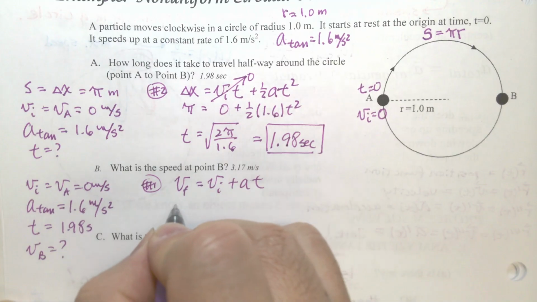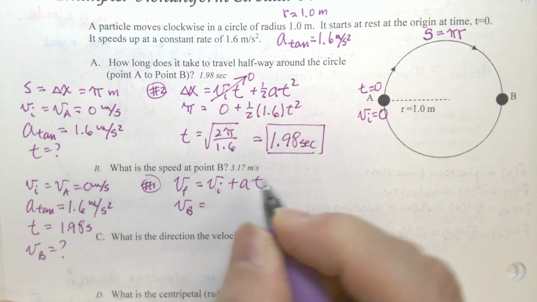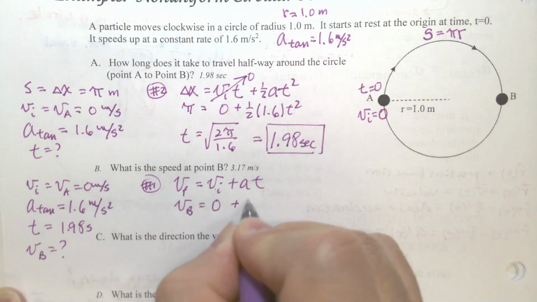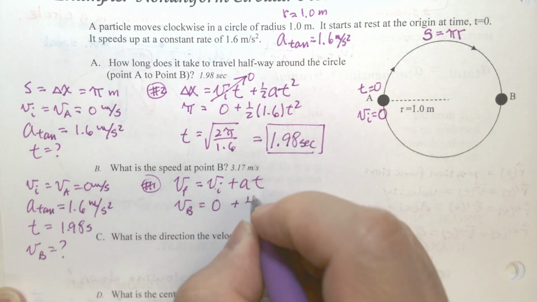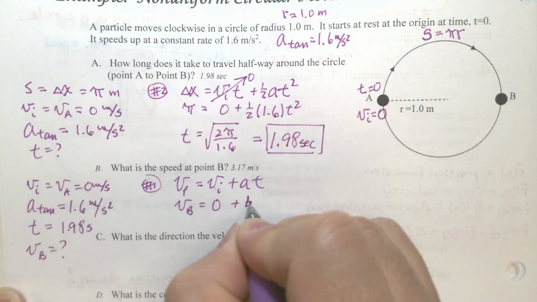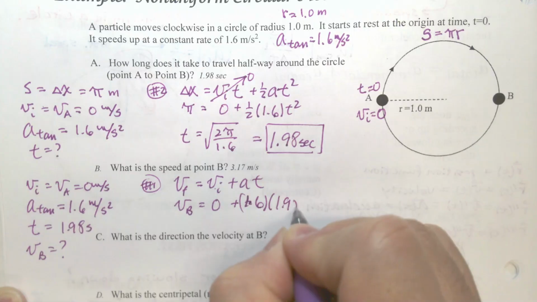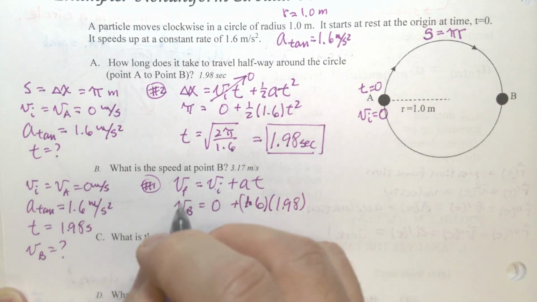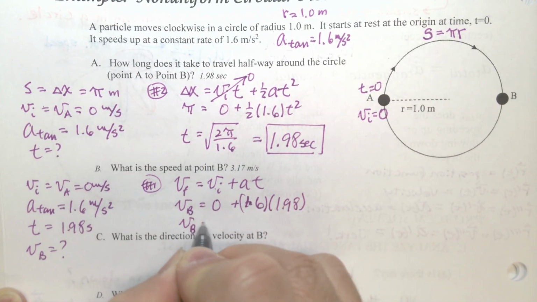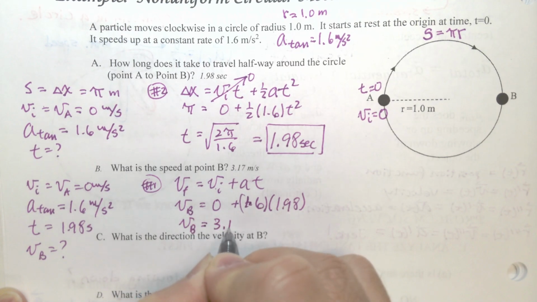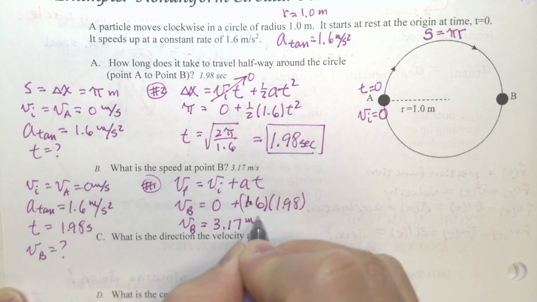VF is VB, VI is 0, plus 1.6 times the time, 1.98. Therefore my V at point B is equal to 3.17 meters per second.